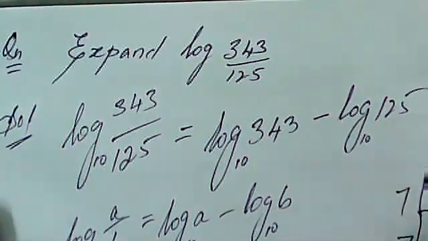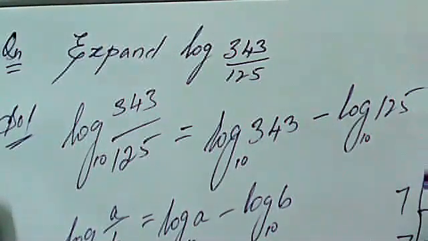This equals, again by the power rule, 3 log 7 to base 10 minus 3 log 5 to base 10.